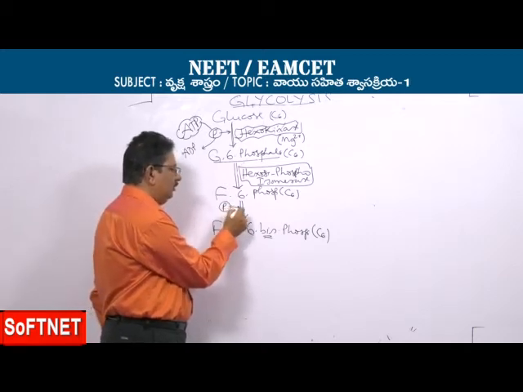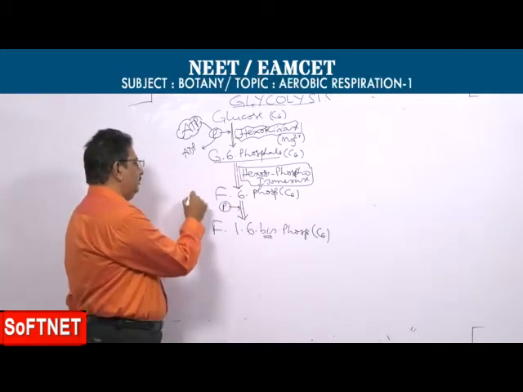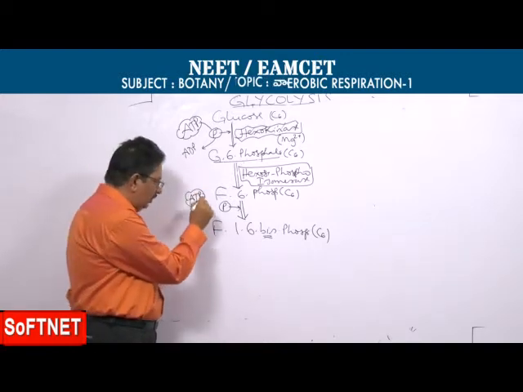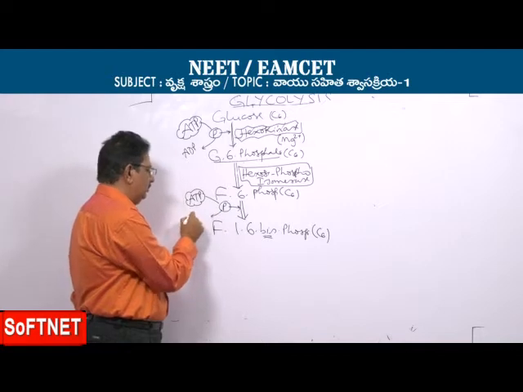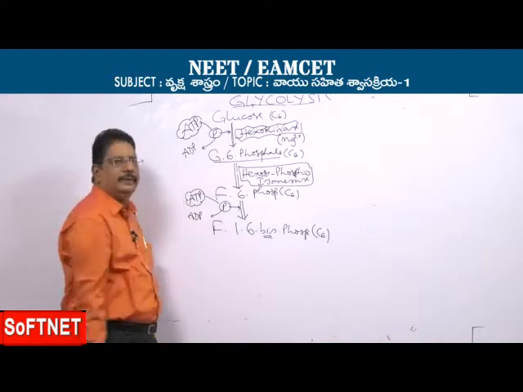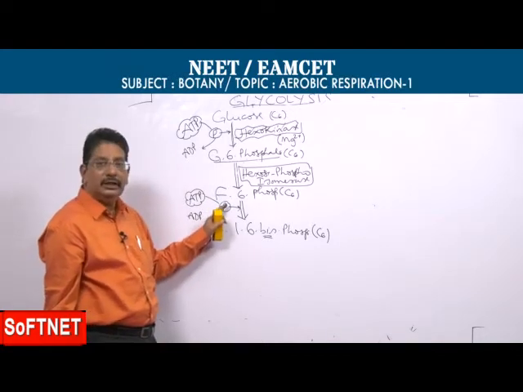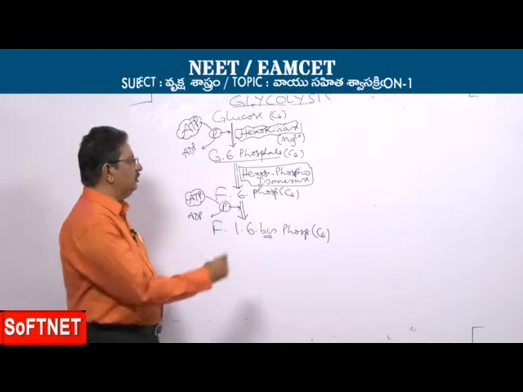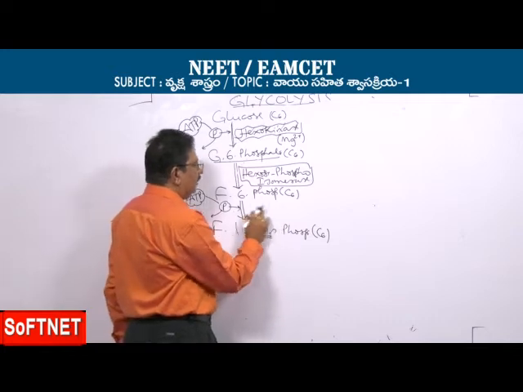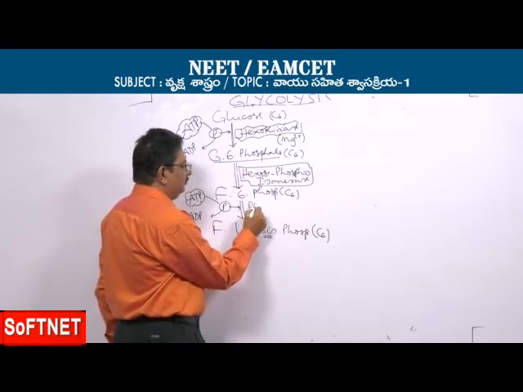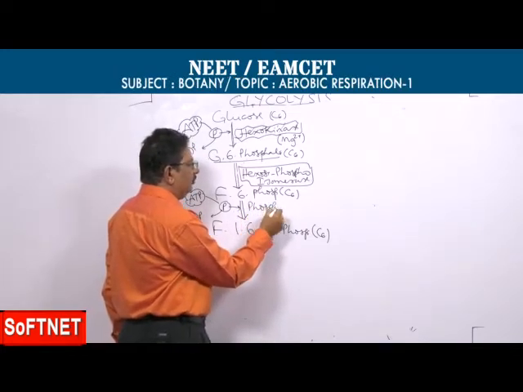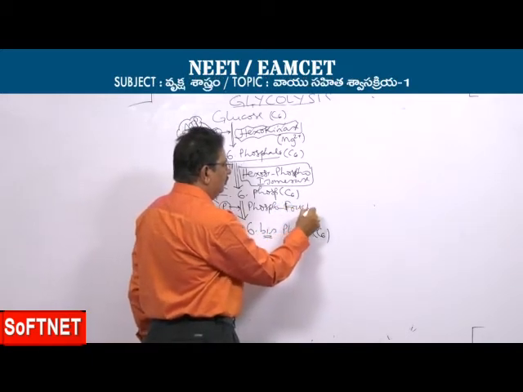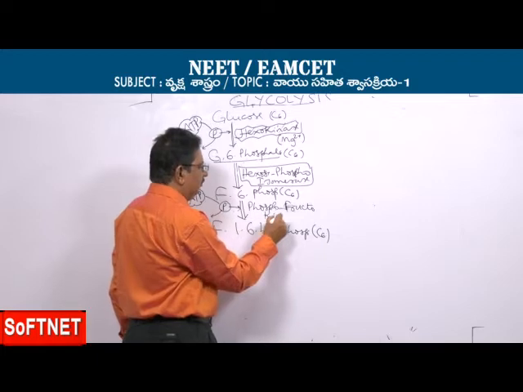Once again, that phosphate is donated by one more ATP molecule and it converts into ADP. So, there is another step where ATP is utilized. So, this is the process catalyzed by an enzyme, phosphofructokinase.